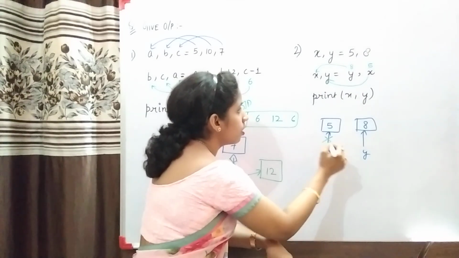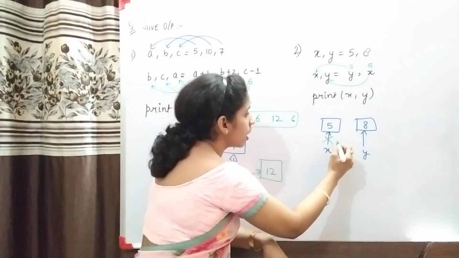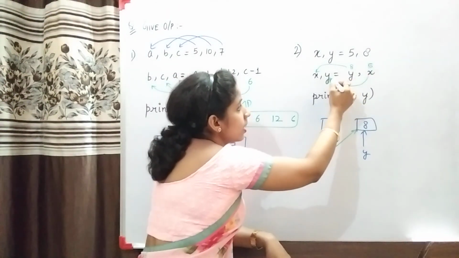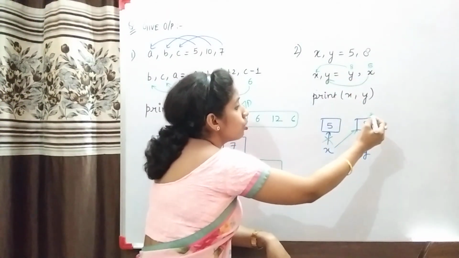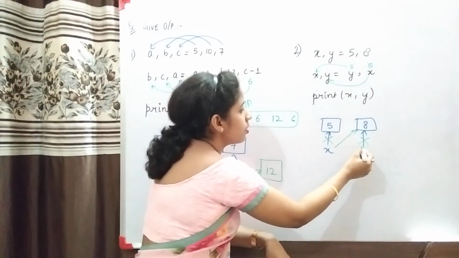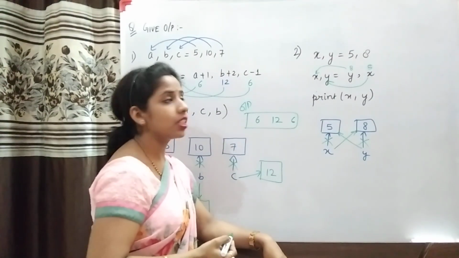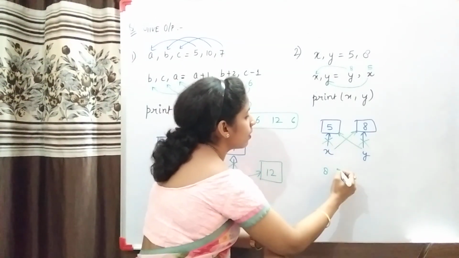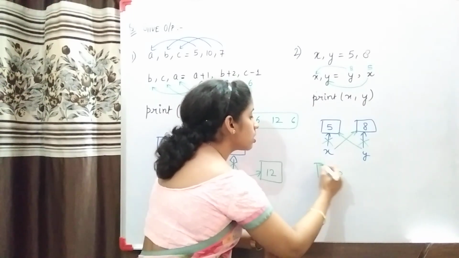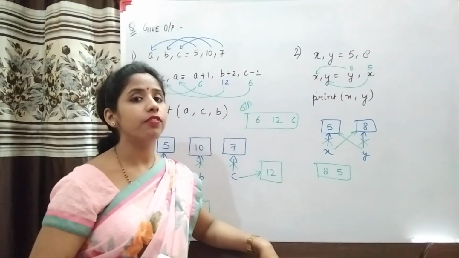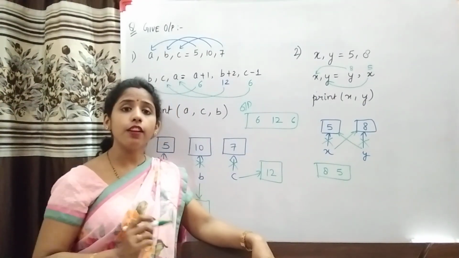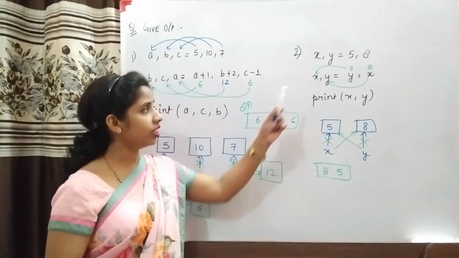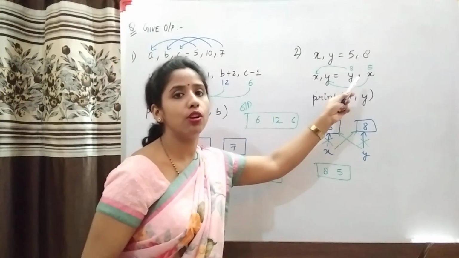तो अब x क्या करेगा, अब 5 से हट के 8 को पॉइंट करने लगेगा. ठीक है, और ये y क्या करेगा, y को 5 मिल गया तो y will stop pointing to 8 and it will start pointing to 5. इसके बाद अगर आप x और y को प्रिंट करोगे तो x की वैल्यू आएगी 8 और y की वैल्यू आएगी 5. इस क्वेश्चन से एक बहुत इंपॉर्टेंट इन्फरेंस आप निकाल लीजिए that if you want to interchange the values of two variables in Python then you can simply write x comma y is equal to y comma x.